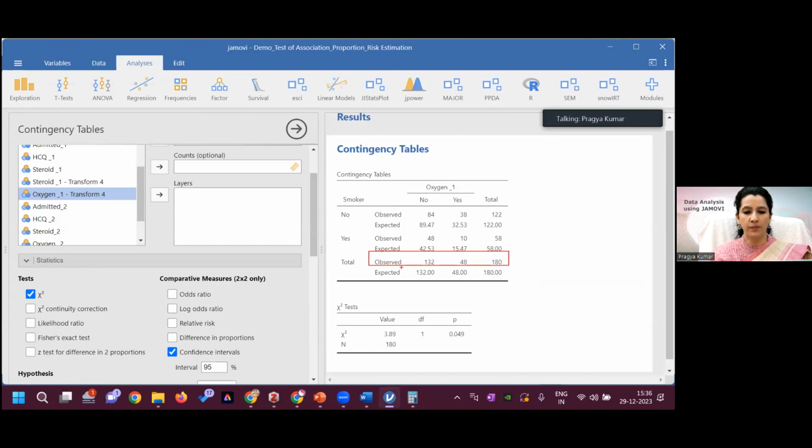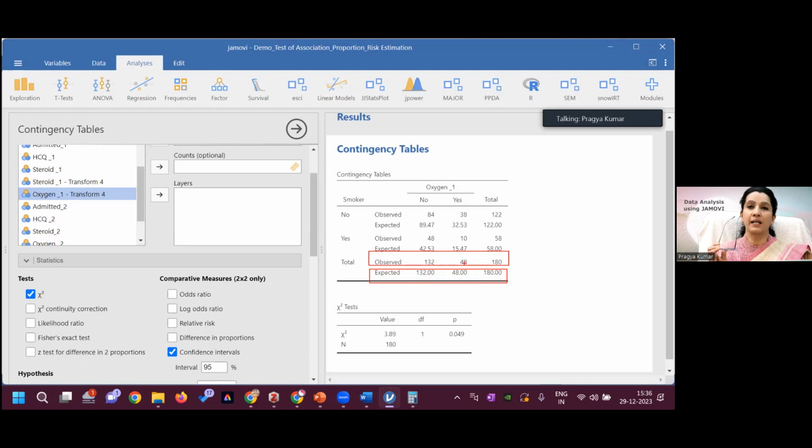This was the observed and this was the expected. In the overall row you will see both are equal, because what is observed is 132 and 48. That means out of 180 study subjects, 48 required oxygen.